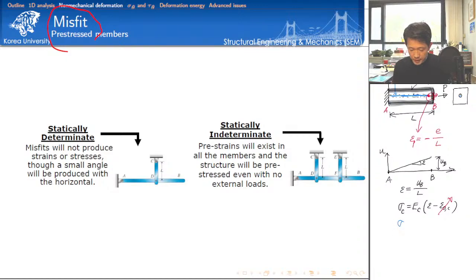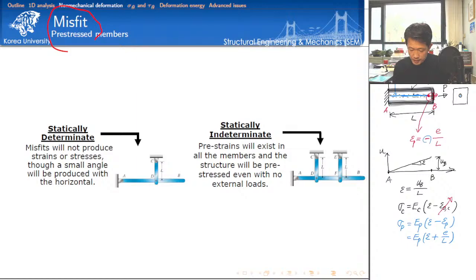In the case of the PSC tendon, it is the elastic modulus of the PSC tendon times the total strain, which is compatible with the displacement field, minus the pre-stressing strain. That is strain minus, and we already have a minus sign, plus E over L, okay?